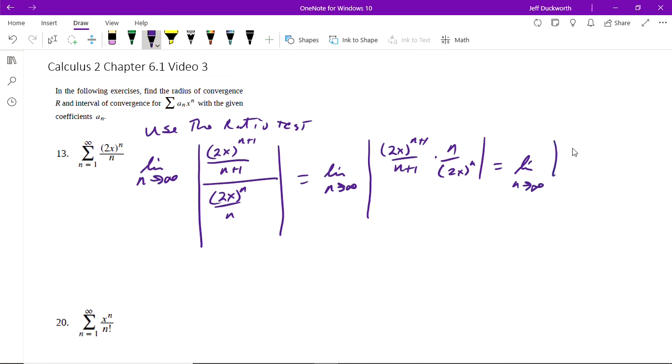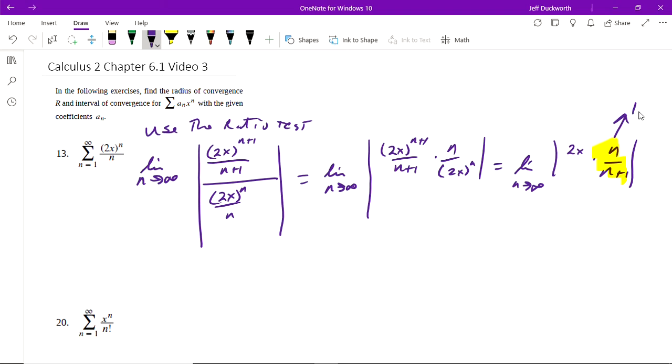We're left with 2x up top, times n over n+1. As n gets really, really big, n over n+1 is going to go to 1.